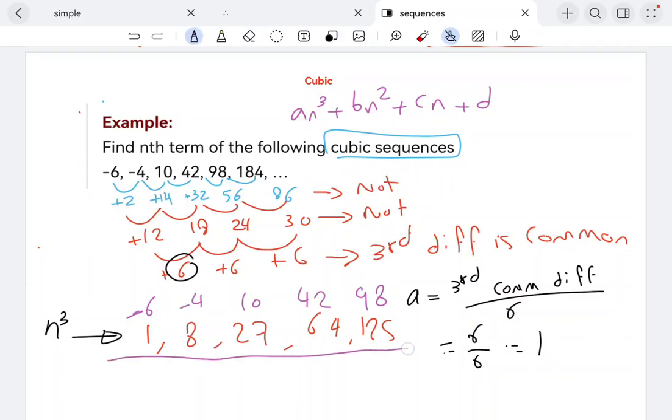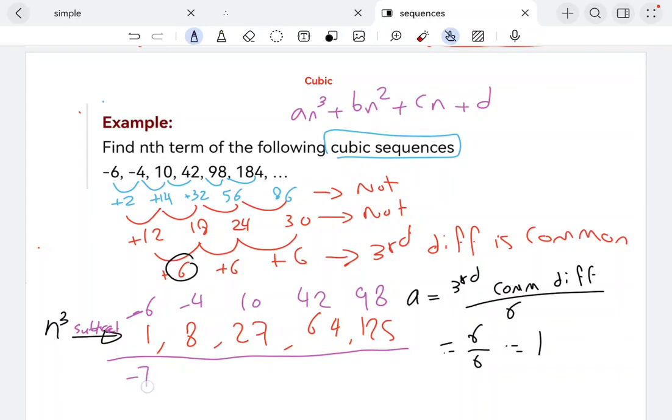Okay, and then compare now. Just subtract. You want to know how much is the difference between them. To go from 1 to negative 6, how much? If someone is confused what we do when we compare, we just subtract. n cubed is 1, how much to go to negative 6?